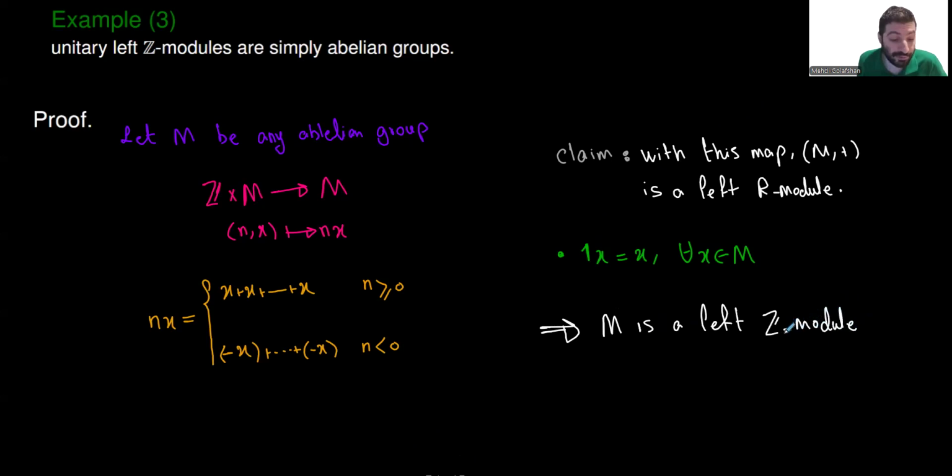So if we start with an abelian group and we have shown that it has a left Z module structure, then it is a left Z module.